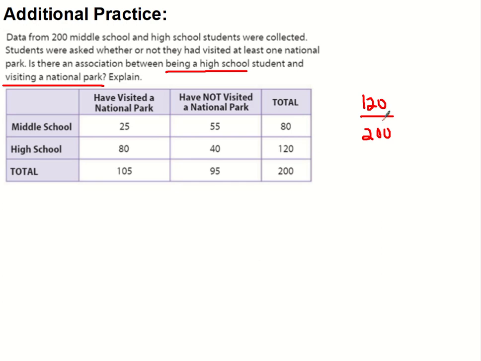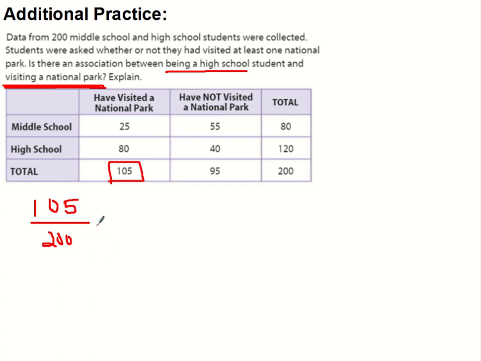Actually, you know what? Hold on, let's look at this in a different way. I want to look at the relative frequency of visiting a national park first. So, of all the students who have visited a national park, that's what we're really looking at here, right? Of all the students who have visited a national park, that's 105 out of 200.